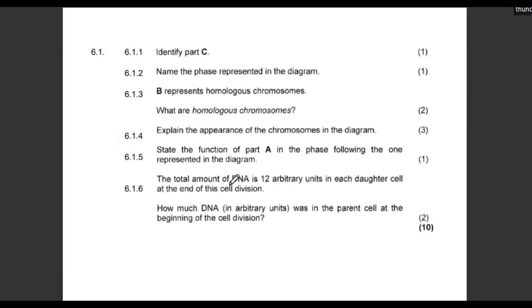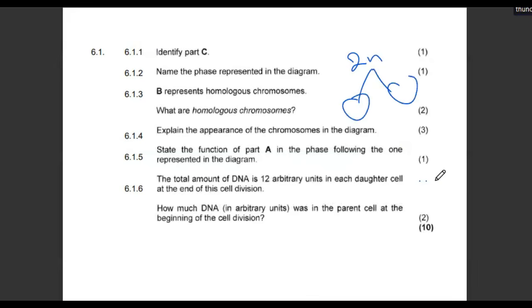They are saying that the total amount of DNA is 12 DNA units in each daughter cell at the end of this cell division. How many DNA units were in the parent cell? Remember, you start with 2n.